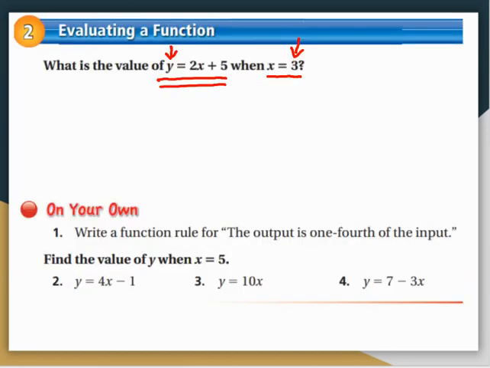On this one, we're putting in the number 3 to the equation. So we say y equals 2 times 3 plus 5. If we put that 3 into this function, what will be our output? We just multiply 2 times 3 and get 6, plus 5 is 11. All right, so you could pause the video right now and try the next 4 problems here, and you can come back and we'll check your answers.